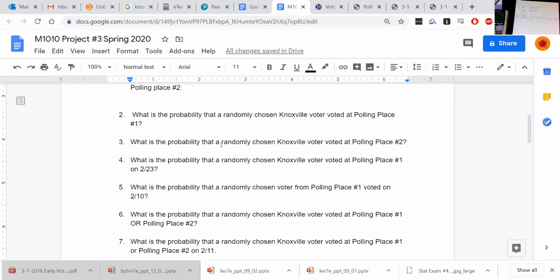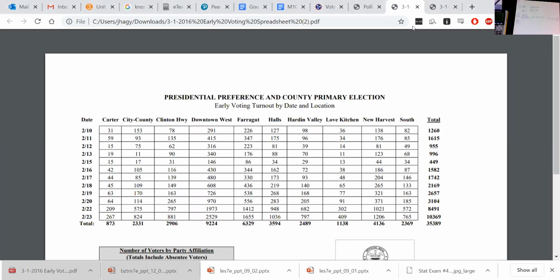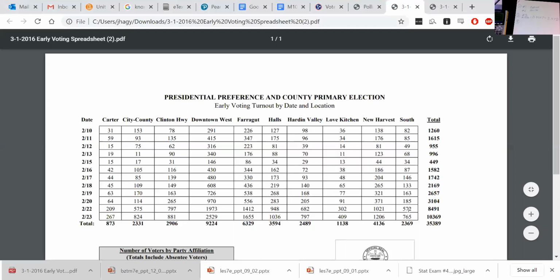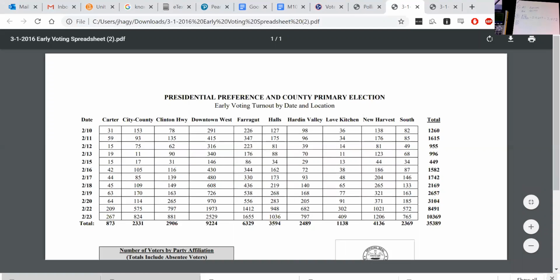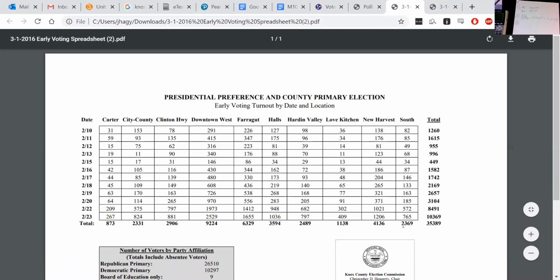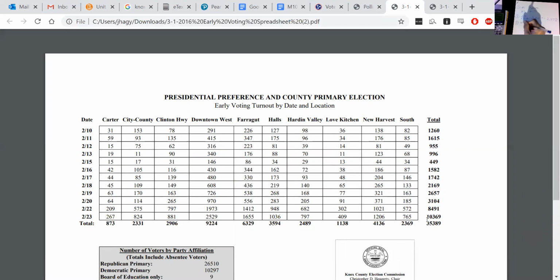Question three, what is the probability that a randomly chosen voter voted at the second polling place? This is going to be nearly identical to the previous problem. My second polling location is South. The total number of people who voted there was 2,369, out of the total 35,389.